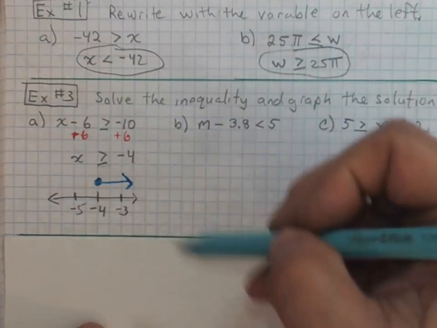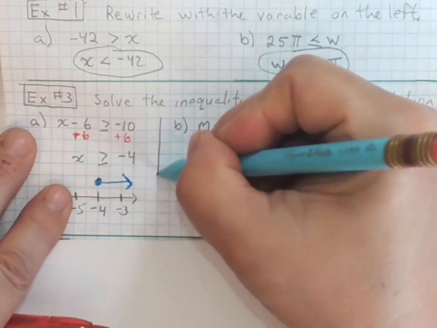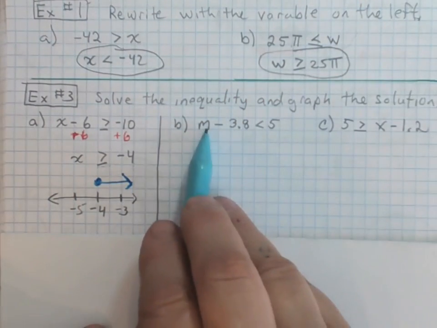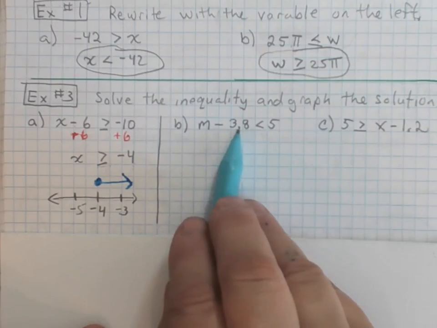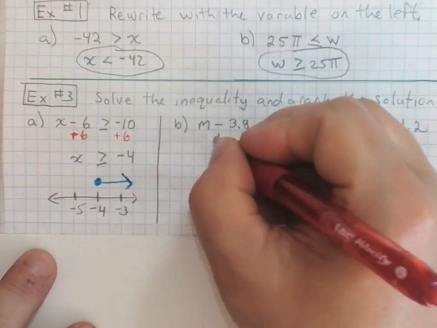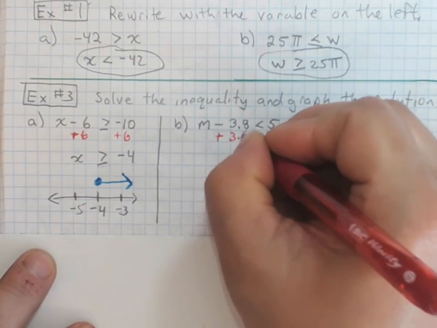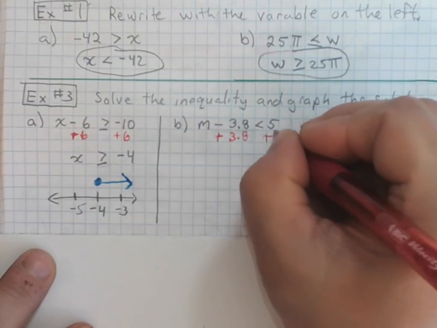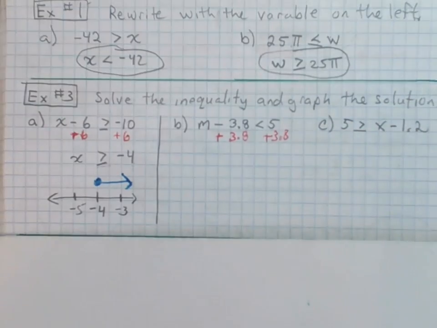Okay, next problem. All right, we're subtracting here, so we're going to use inverse addition. Add 3.8 on both sides of the inequality.